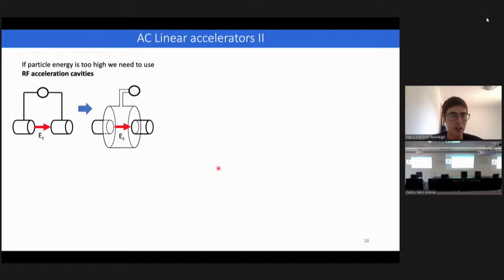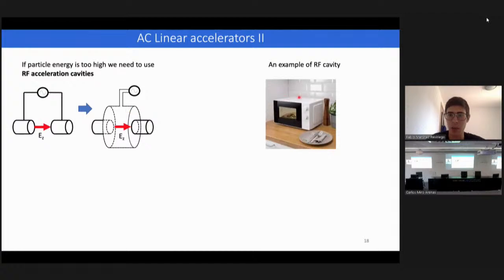Then when the particle's energy is very high, we need to use RF acceleration cavities, which is just the idea of closing this environment over here in order to create a closed cavity. An example of an RF cavity is a microwave that all of you have at home, but the acceleration cavities used in particle accelerators are basically the same idea, but more expensive.